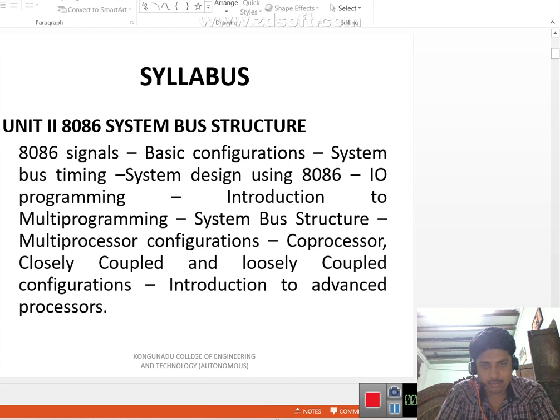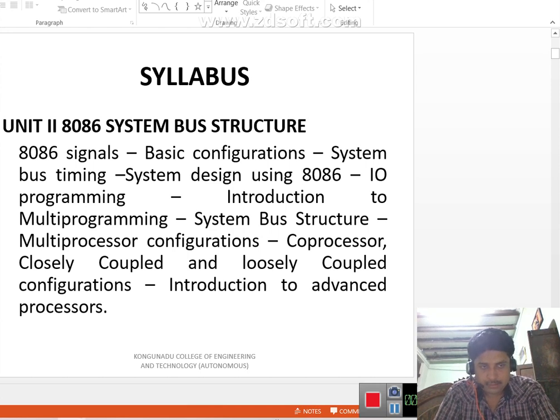Afterwards we will go to programming. There are a lot of programs used in the system bus structure. After that, there are two types of coupled configuration used: one is the closely coupled configuration, and the other is the loosely coupled configuration. Afterwards, we are going to discuss the advanced processor. So these are the core of Unit 2.